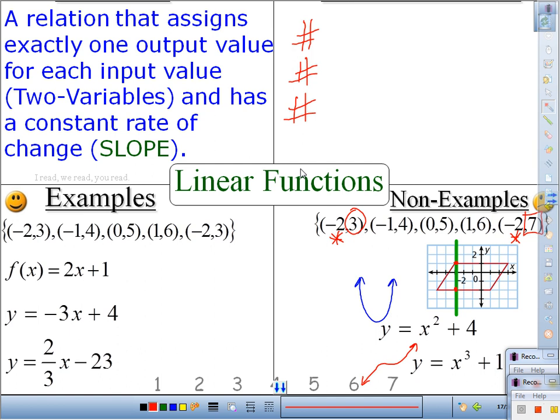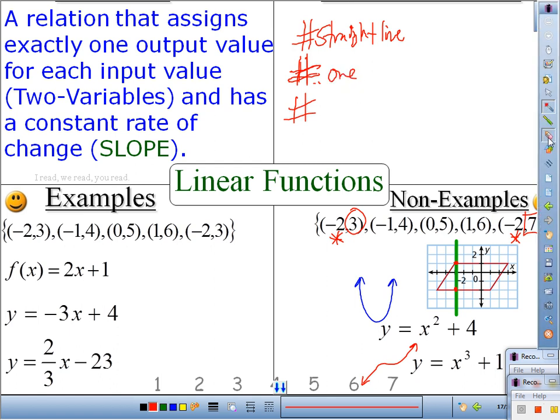Let's see, Ninel, get us started. Bam. Hashtag straight line. Pass to someone. Bree. Hashtag one output for each input.